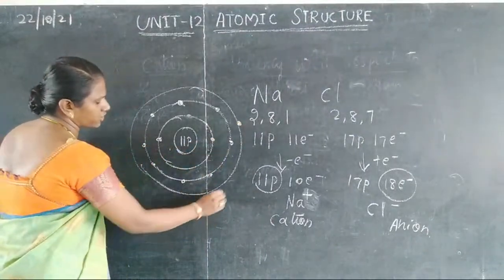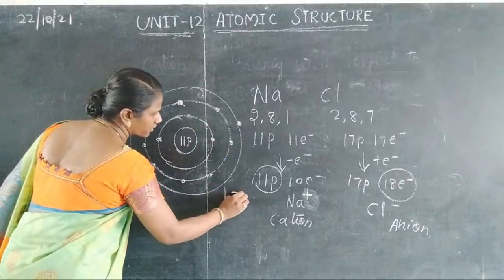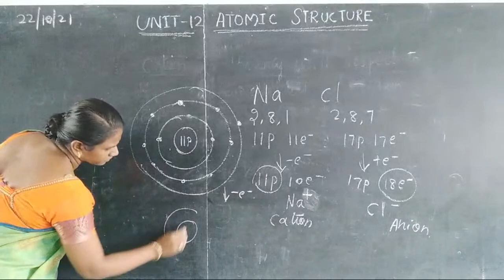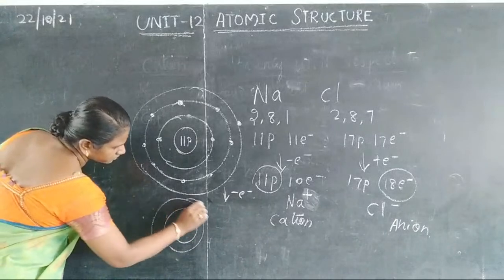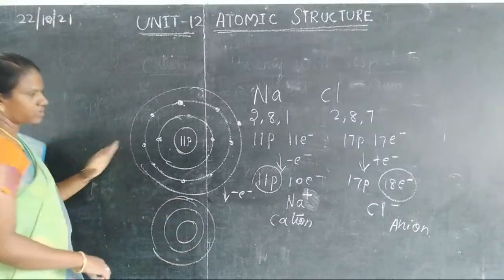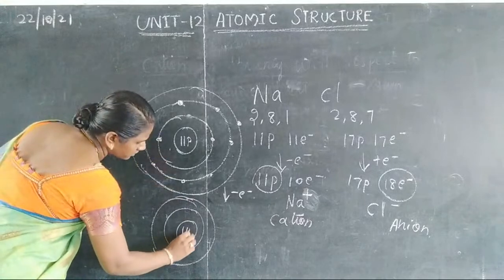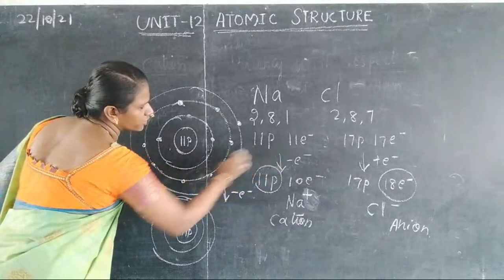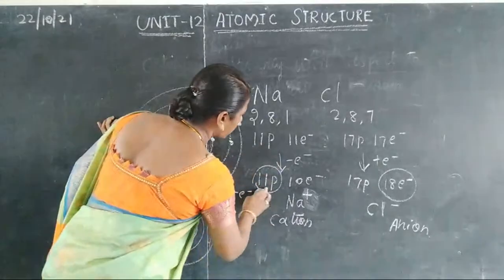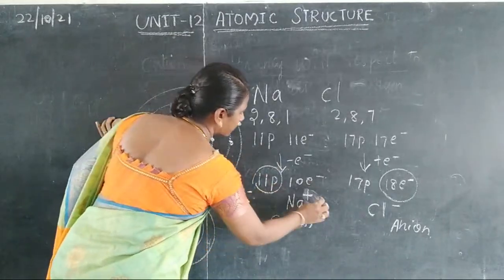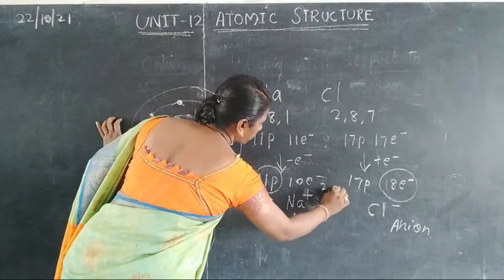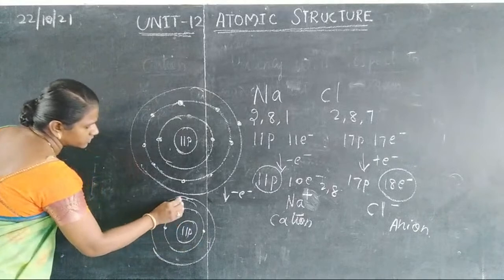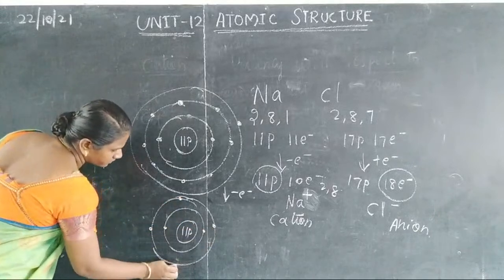After losing this 1 electron, it becomes stable, with the stable electronic configuration 2, 8. That is 11 protons and 10 electrons.